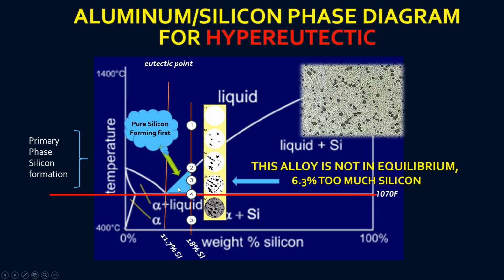And as soon as it reaches the equilibrium point after it solidifies the silicone, 11.7%, 1,070 degrees Fahrenheit, it solidifies the whole piston, and that will put us into the next slide.